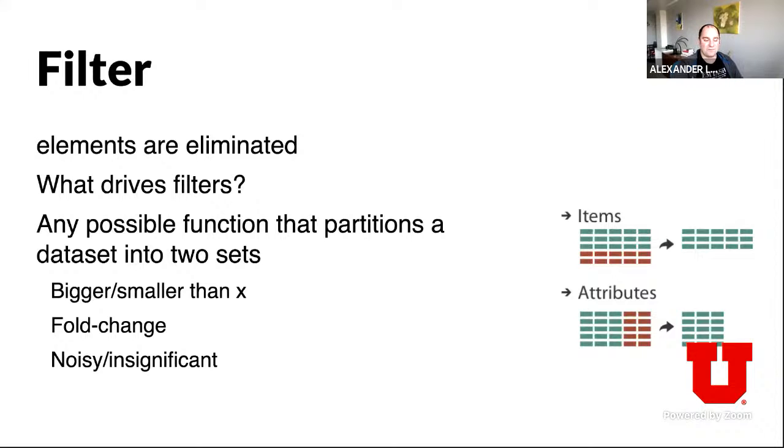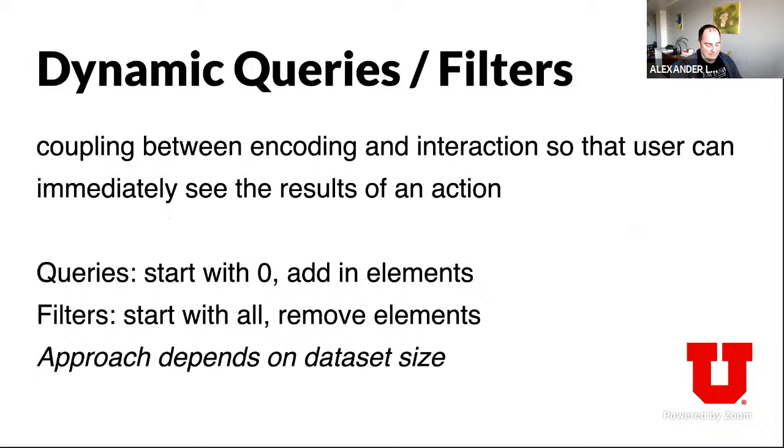There is a fold change between two different dimensions. There is some kind of statistical measure, such as noisy data or something that is insignificant, but you can come up with arbitrarily complex filtering functions. Similarly for attributes, you can remove attributes based on whatever you can come up with. And of course, there are visual means to create those filters.